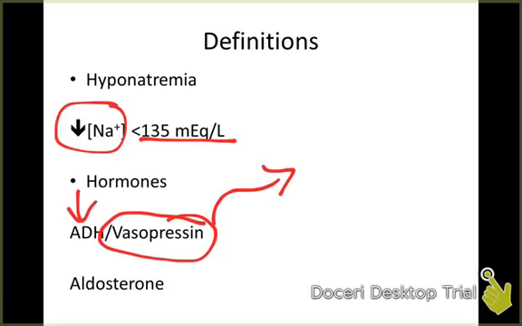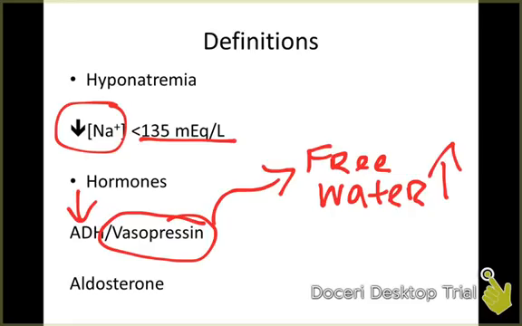So that means you are reabsorbing more water back into the blood. So you increase free water in the serum when vasopressin is present within the kidney.